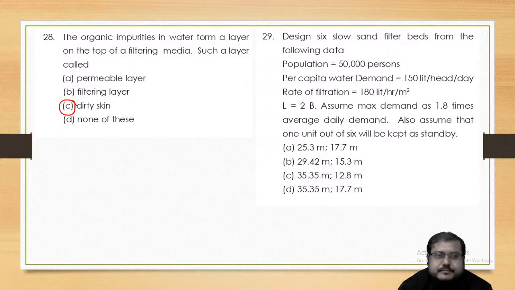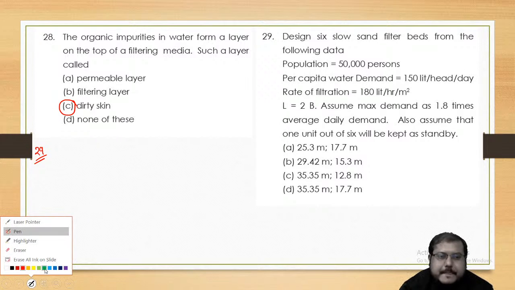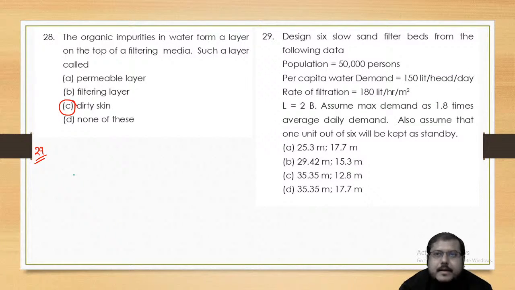Design 6 slow sand filters from the following data. Population 50,000. Per capita water demand is 150 LPCD.